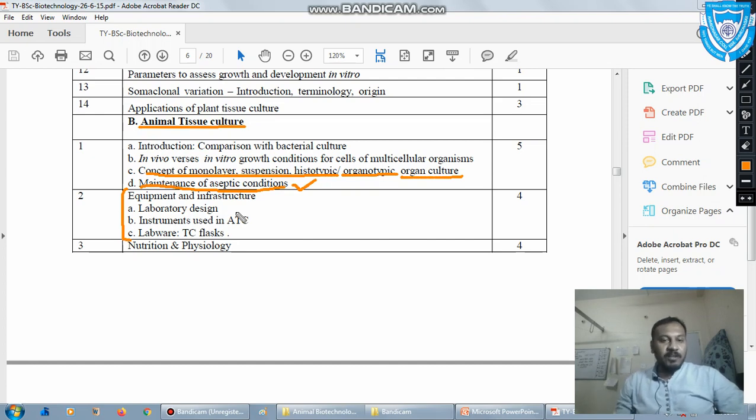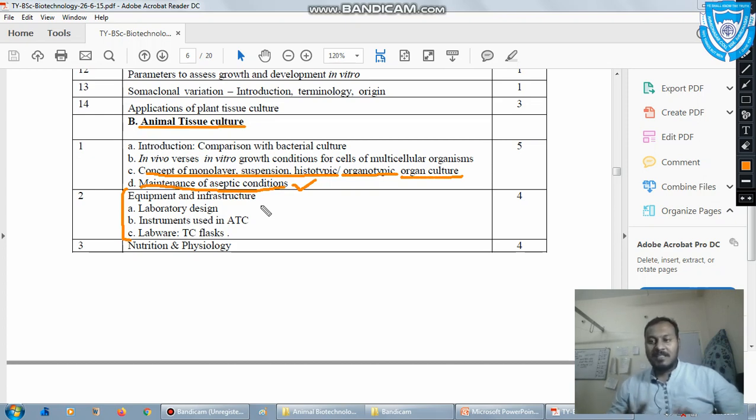So we are going to learn what kind of different designs are necessary in the laboratory, the doorways, whether they open towards outside or towards inside, what about the air condition we are going to maintain in animal tissue culture, where the washroom or the washing utensils and equipment should be, where the autoclave, freezers, refrigerators, and everything should be.